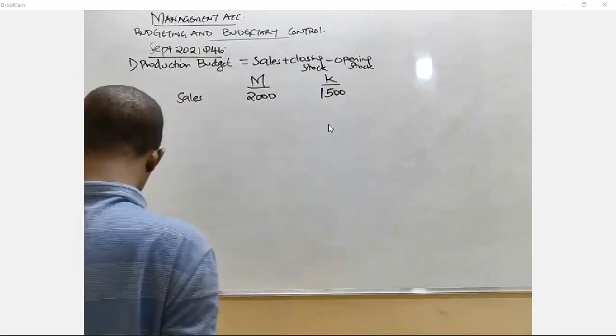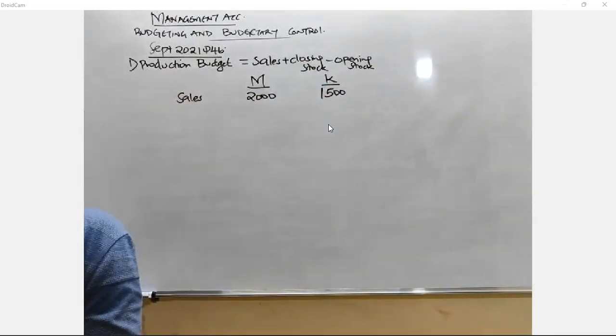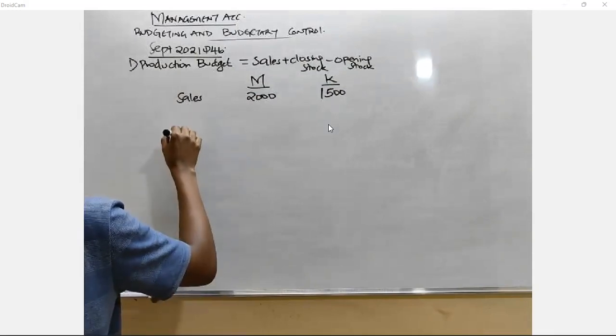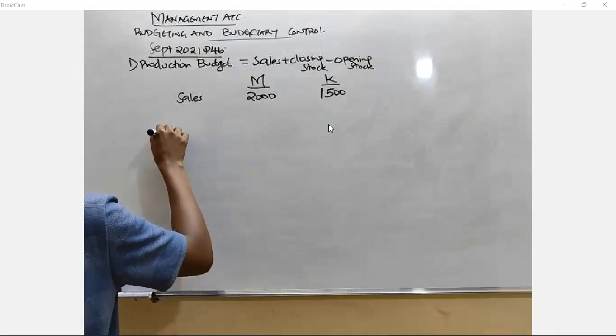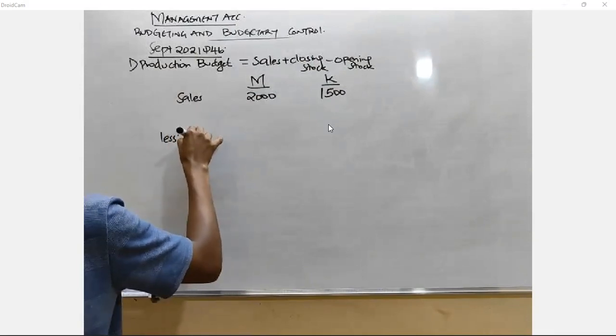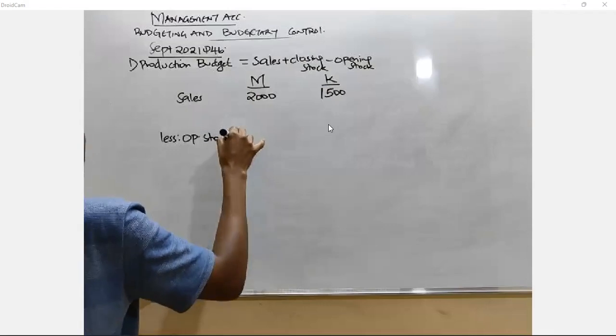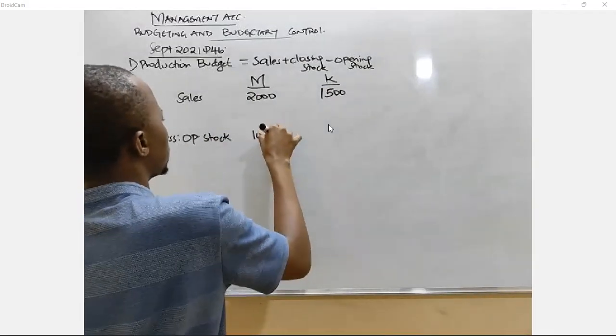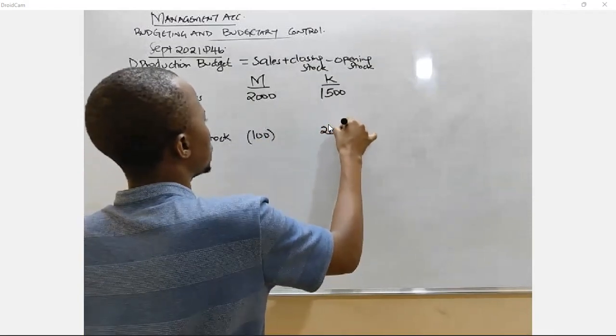Correct? Then we have the opening stock already given there. The opening stock is how much? So we less opening stock here. The opening stock of the finished goods, they have given us 100 and 200.